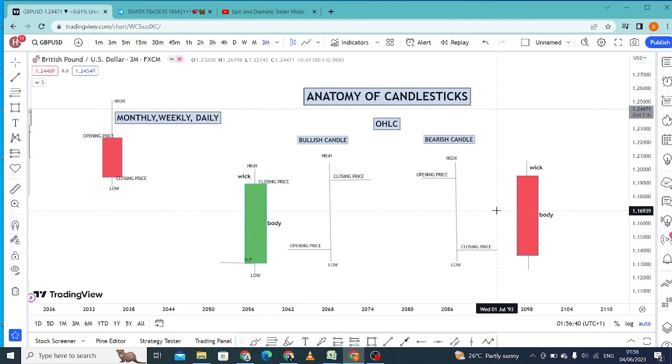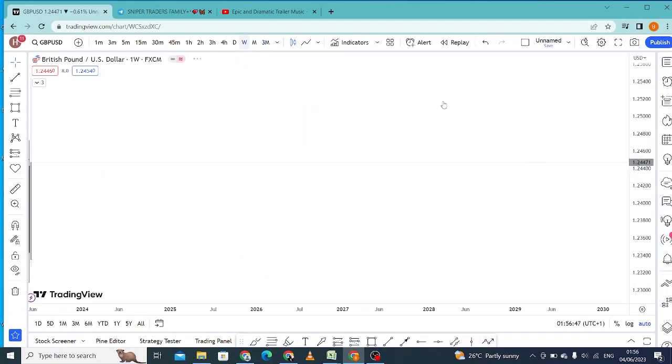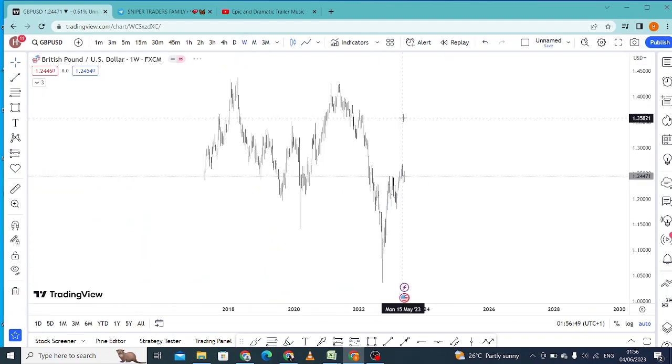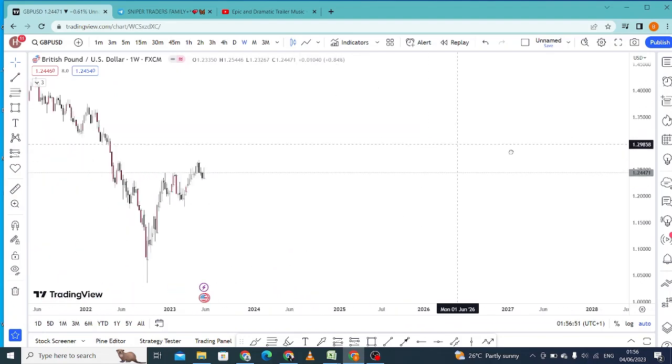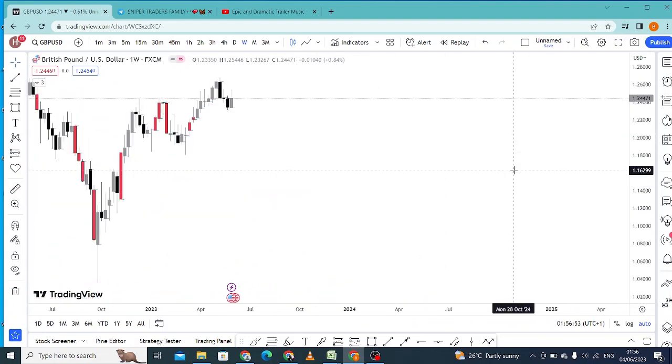We can also interpret this on the chart. I think we need to go to our charts, and let me go to the weekly time frame. Yeah, let's use the weekly.